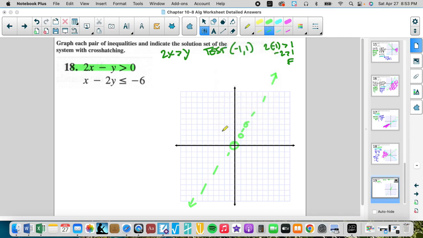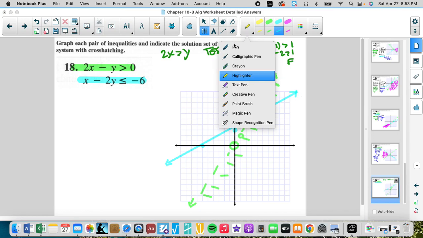So that point, negative 1, 1, is false, so I'm going to shade the other side of the border. I can use this one, it's in standard form. That has an x-intercept of negative 6, closed circle, negative 6 for x, 1, 2, 3, 4, 5, 6, closed circle, and a y-intercept of positive 3. 1, 2, 3. We can connect the dots here.